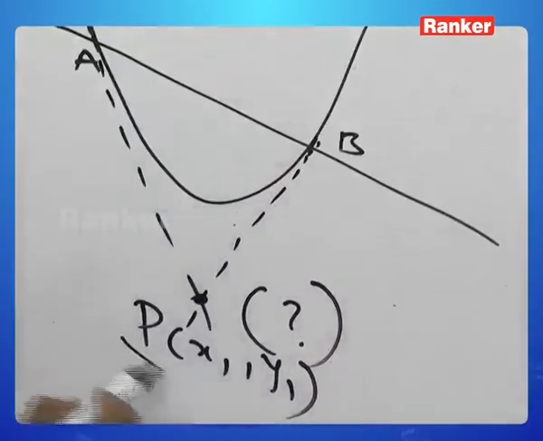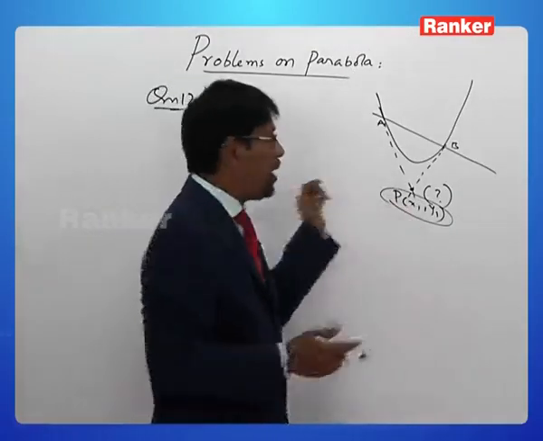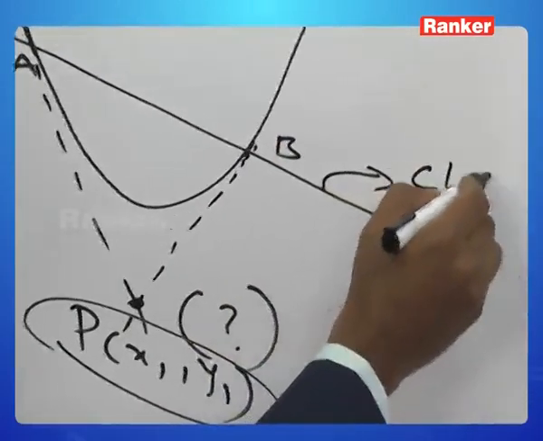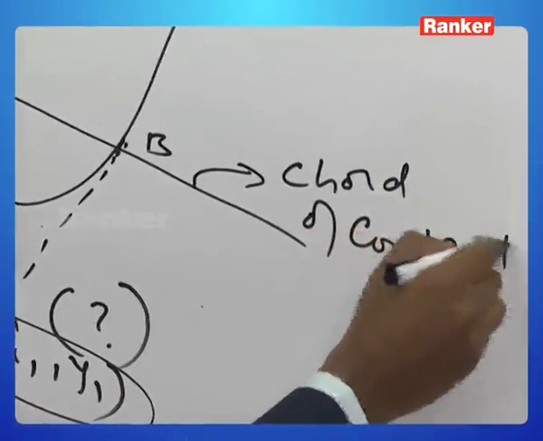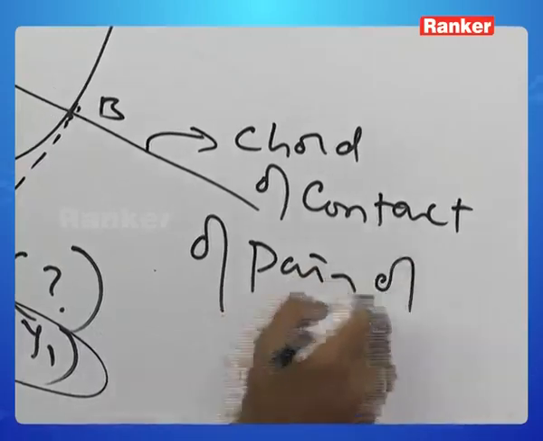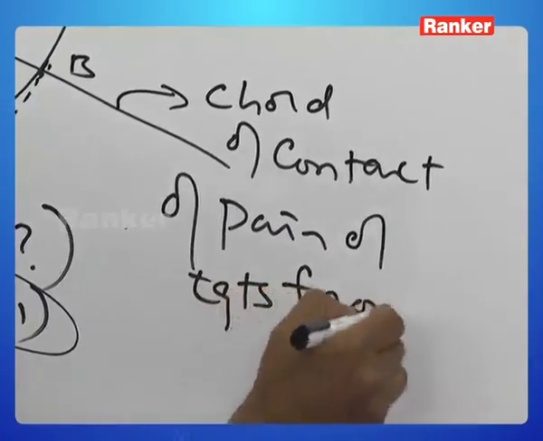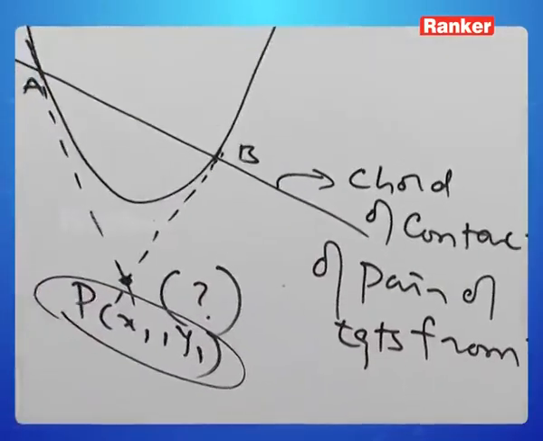Now for this pair of tangents drawn from this point P, this chord will become the chord of contact. Okay, so what do we know?